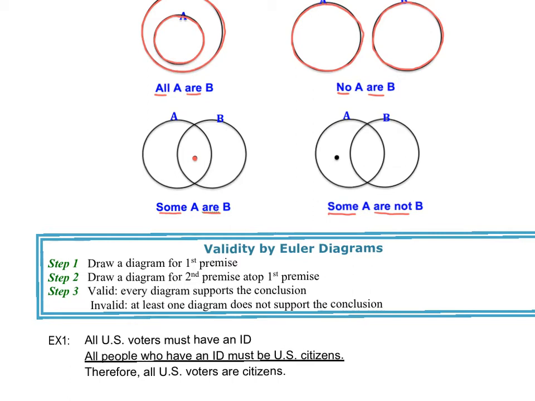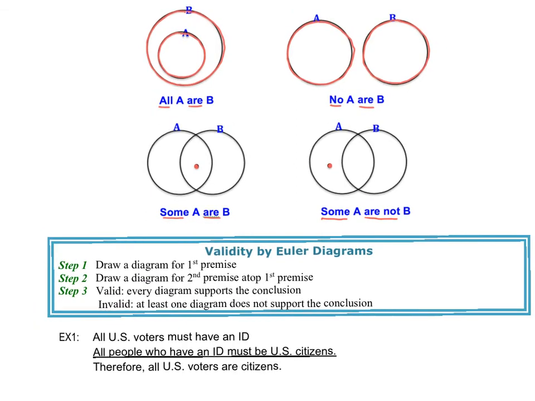So this says there's at least one thing in A and also in B. The last diagram would be some A are not B. That says there exists at least one thing in set A that's not in set B. So I can write a dot to represent that thing in A that's not in set B. So these are the 4 possibilities when we look at a quantified statement.